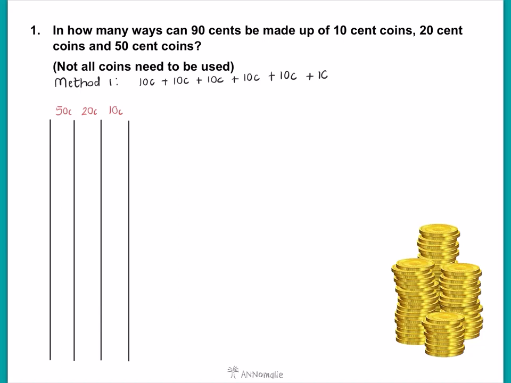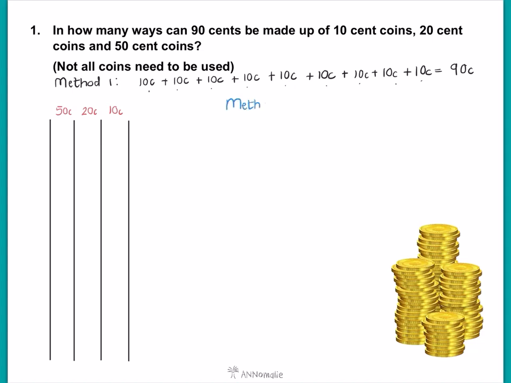Quite a tedious exercise, and that will give us 90 cents. 1, 2, 3, 4, 5, 6, 7, 8, 9. That's tedious. As mathematicians, we're always looking for a better method. So let's look at method 2.